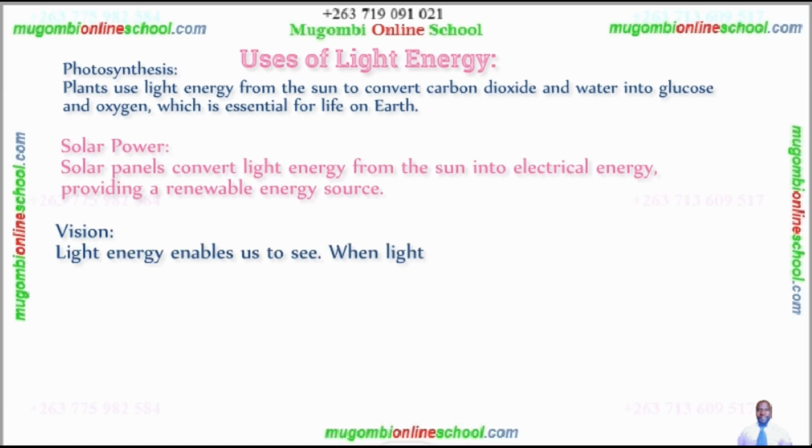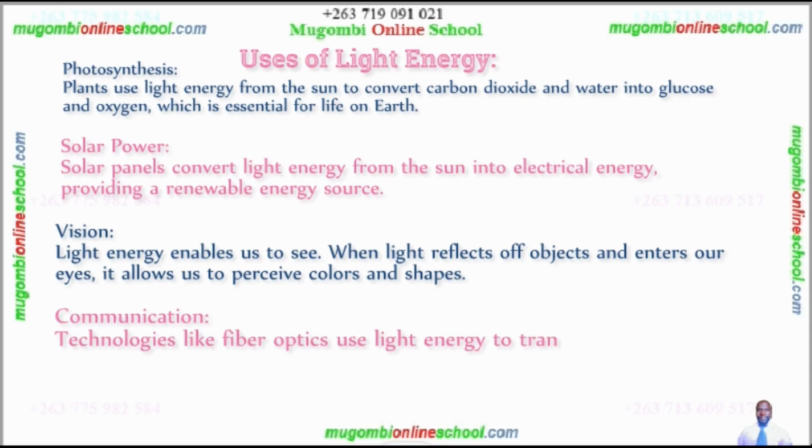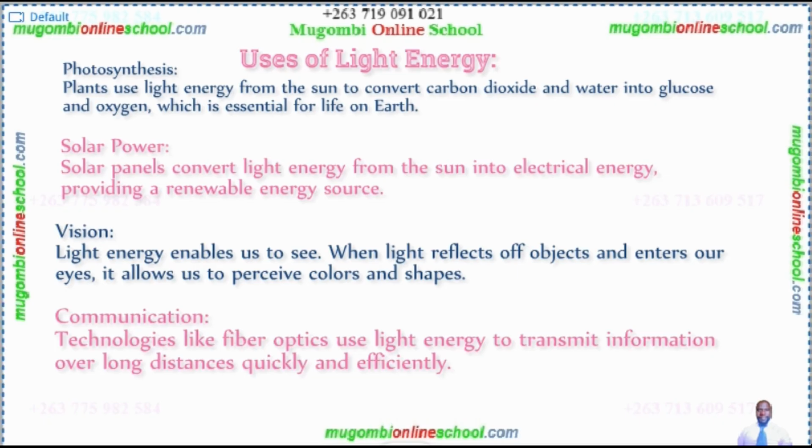Vision: light energy enables us to see. When light reflects off objects and enters our eyes, it allows us to perceive colors and shapes. Communication: technologies like fiber optics use light energy to transmit information over long distances quickly and efficiently.